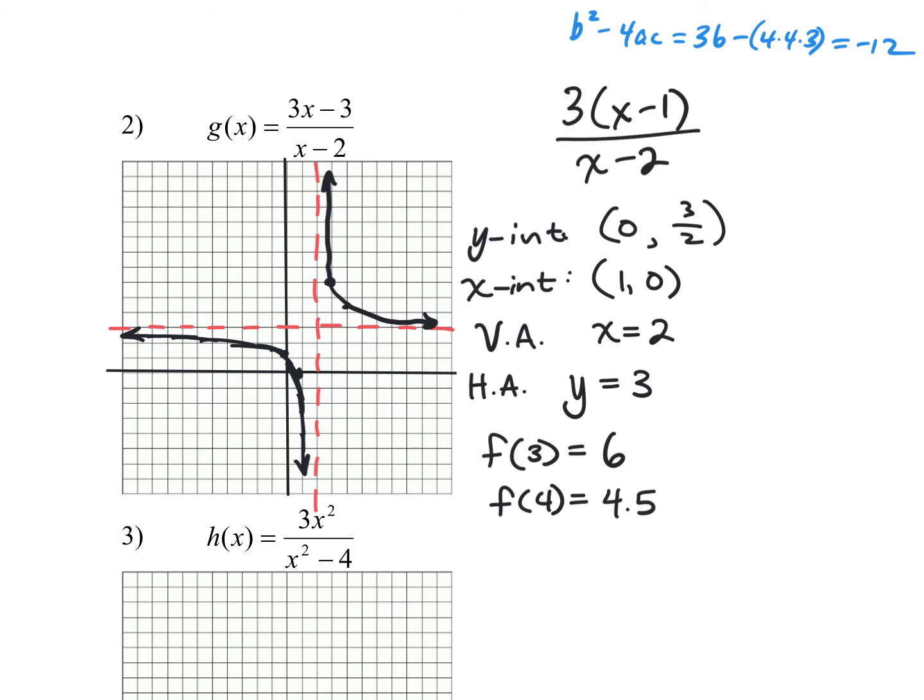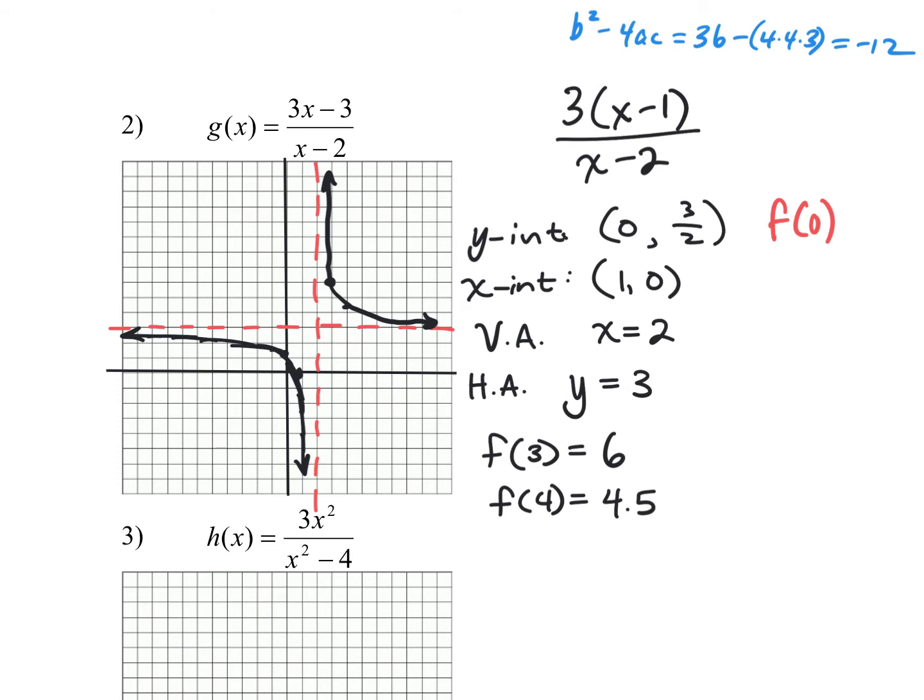So like I said last time, we want to be systematic about graphing these. We don't necessarily know exactly what they're going to look like until we go through this process. So I found my y-intercept by plugging in 0 for x. I found my x-intercept by solving for zeros in my numerator, right? Values that would make the numerator equal 0. I found that to happen when x equals 1.